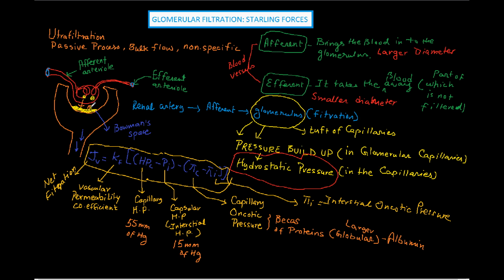Or you can say those proteins in the glomerulus are trying to pull the water back into the capillaries. So that pressure we call capillary oncotic pressure, and that's approximately 30 millimeter of mercury.